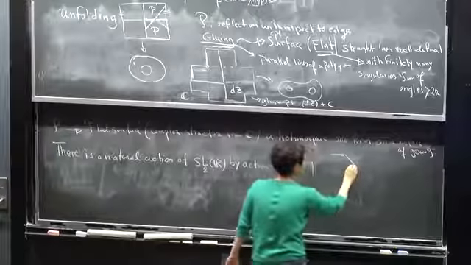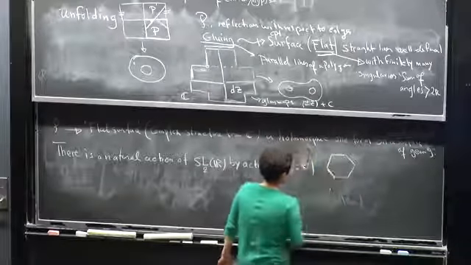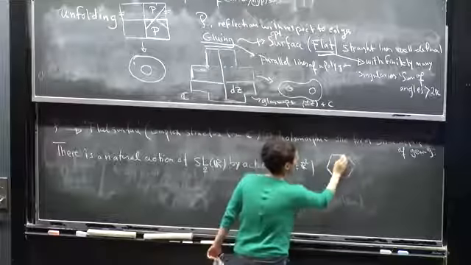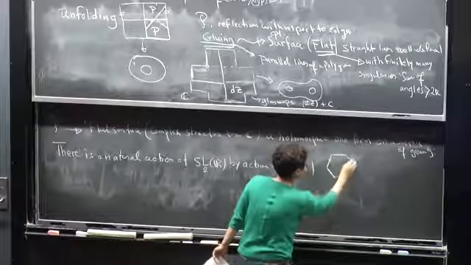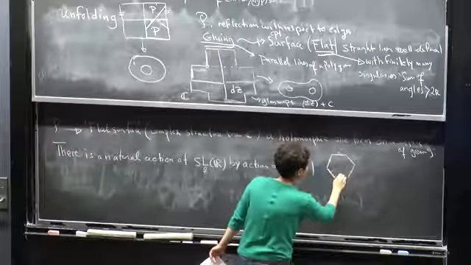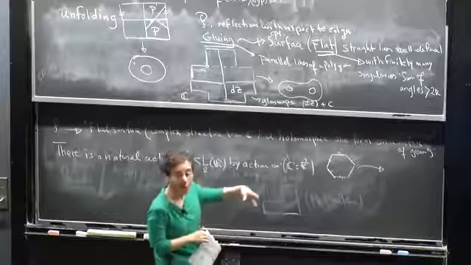And one picture of this would be, if you have a regular n-gon, and you are gluing the parallel edges of this, and you want to see what happens if you act by SL2R.